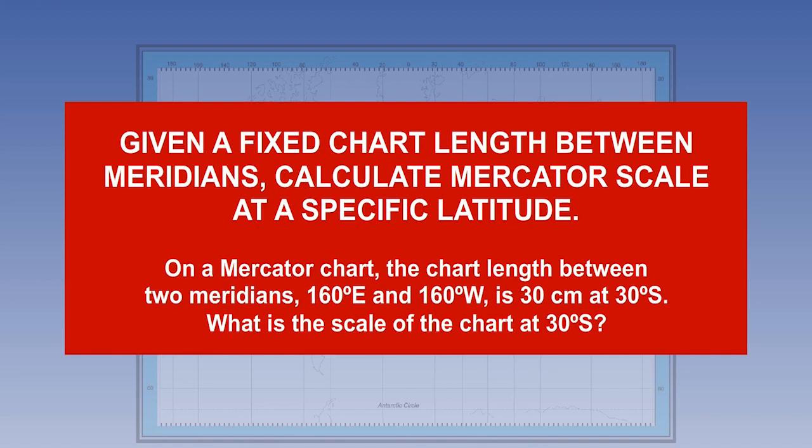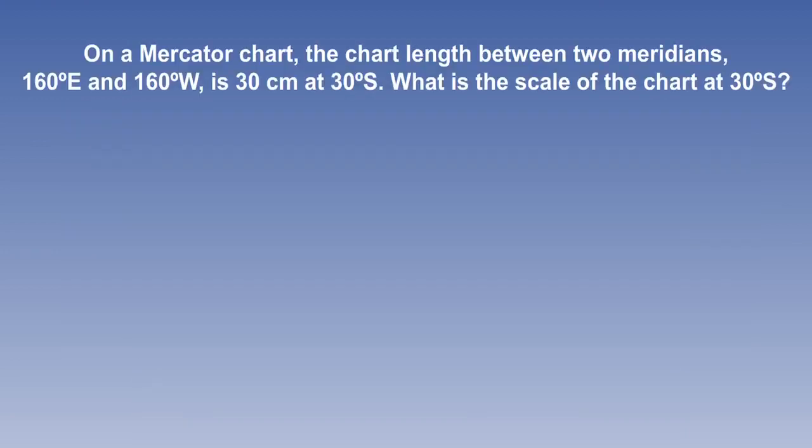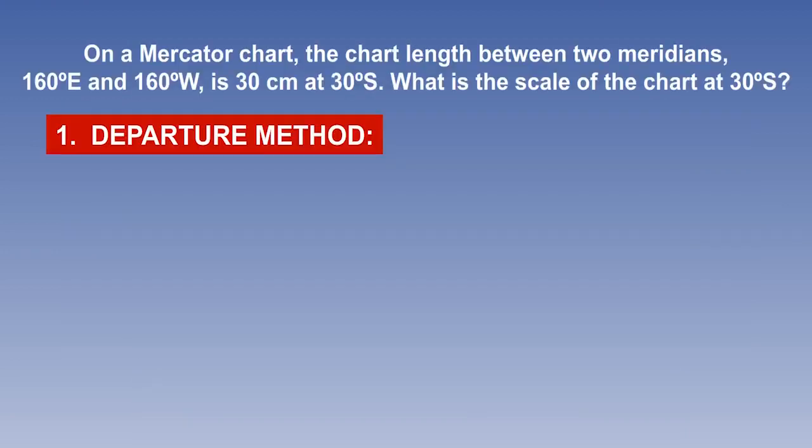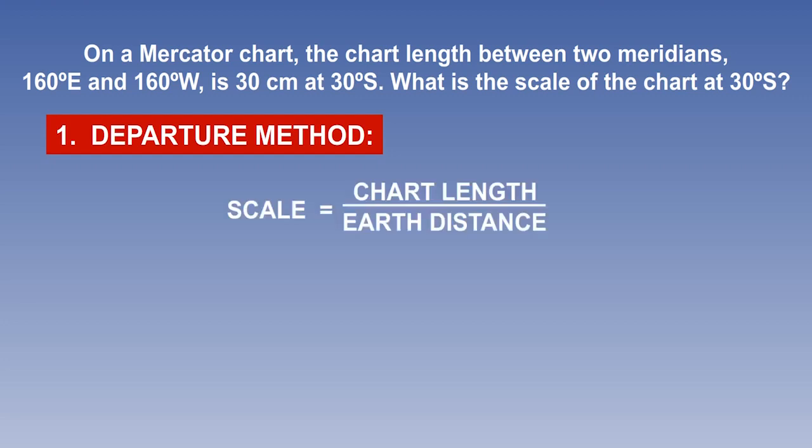There are two ways of doing this, and there is very little to choose between them. The first is to treat it as a departure problem. Scale is defined as chart length over Earth distance. In this case, the Earth distance is the departure between longitudes 160 east and 160 west.